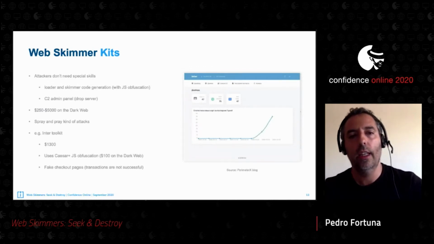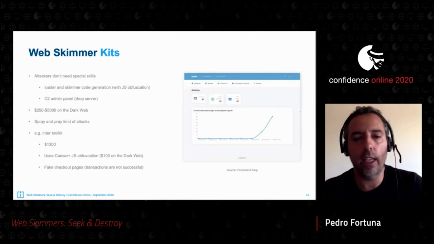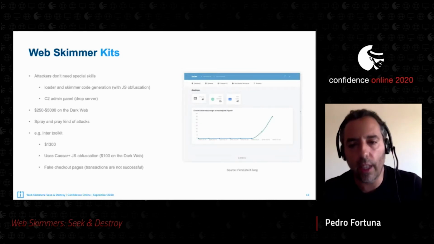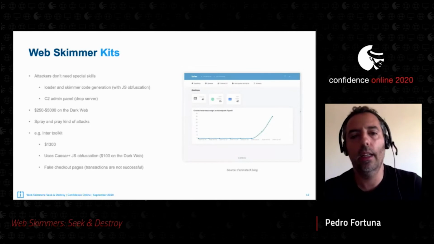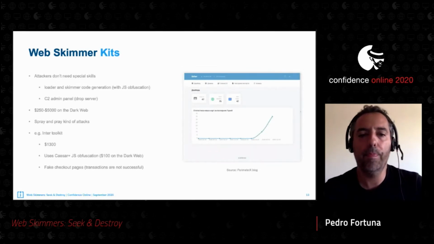The best web skimmer kits try to be as stealthy as they can be. They make sure that transactions are successful while still skimming the credit card data.